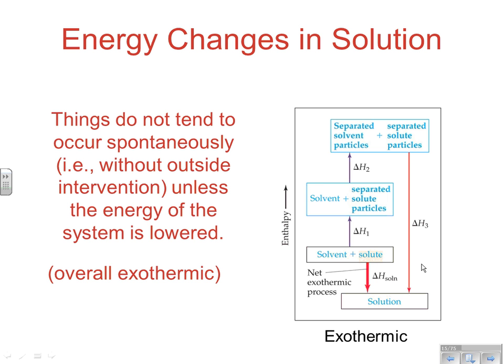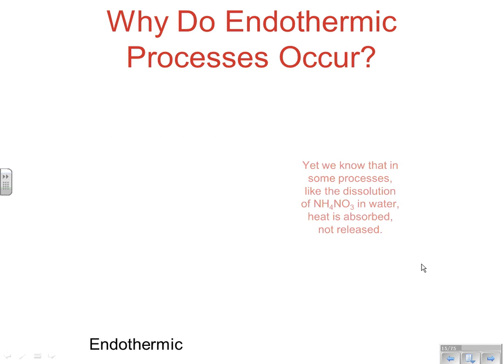Those are always going to be spontaneous. In the case we're looking at here, two were endothermic, but the third was big enough exothermic to offset those two, and therefore that reaction would be likely to occur spontaneously.